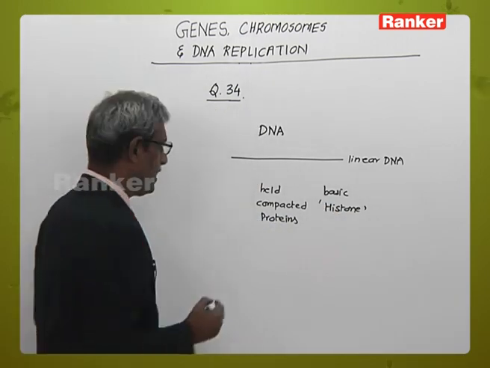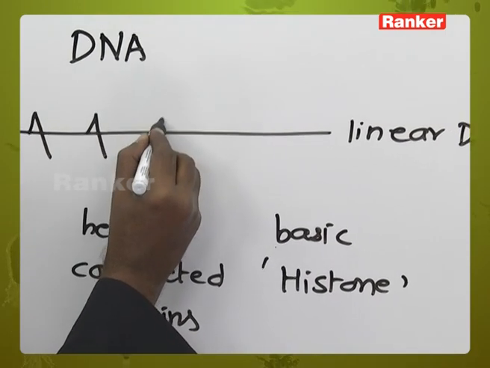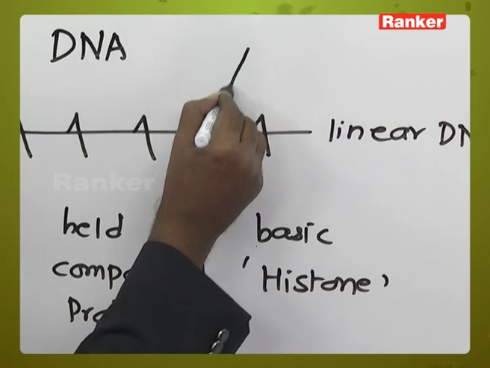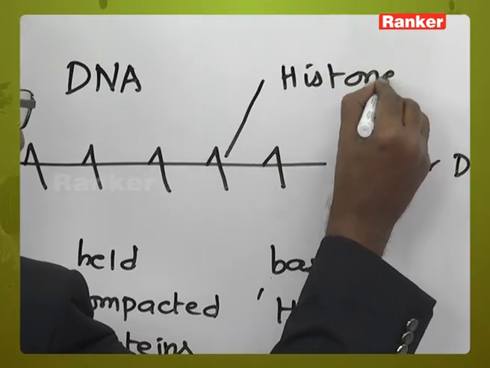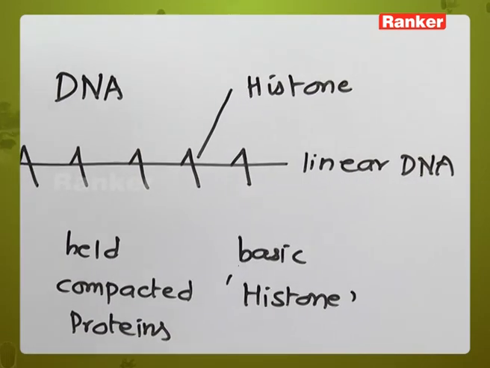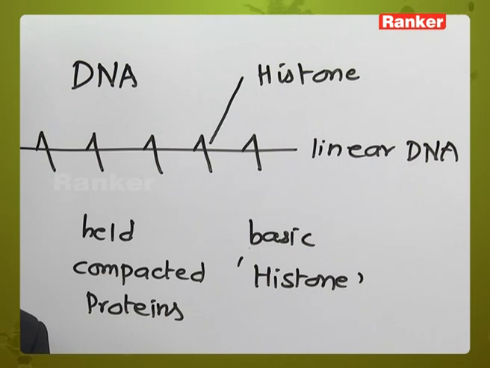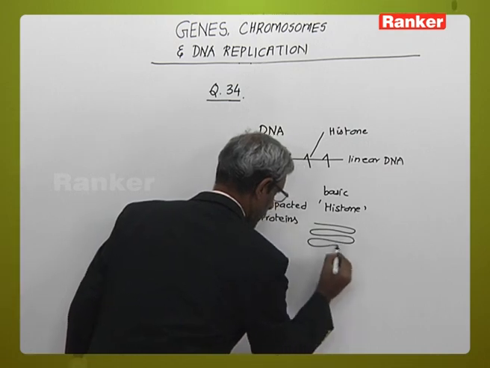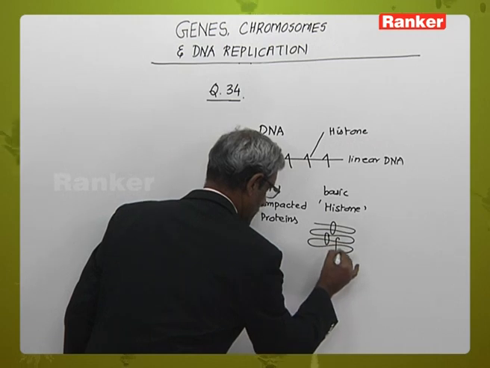So, the histone proteins act like clips and they bind the DNA. When a DNA is a long molecule, the DNA is wound and held by means of the histone proteins.